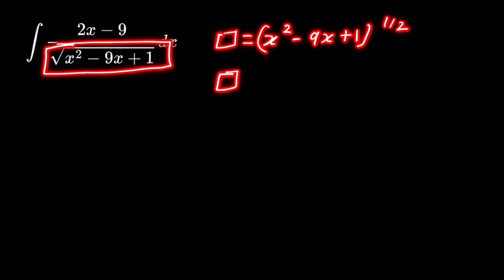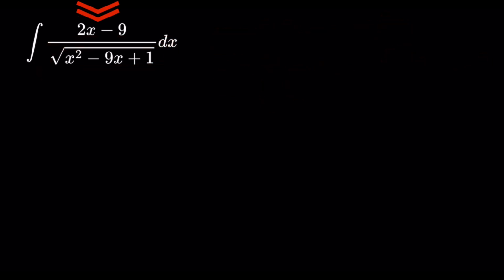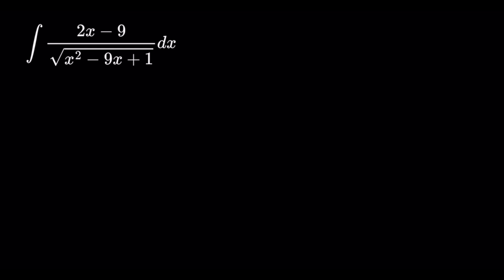And the differentiation of the box gives us this. You can see that it isn't the desired result because it does not directly give us just the numerator, 2x minus 9. This means we cannot use the logarithmic integration formula here. So we'll try a different method.